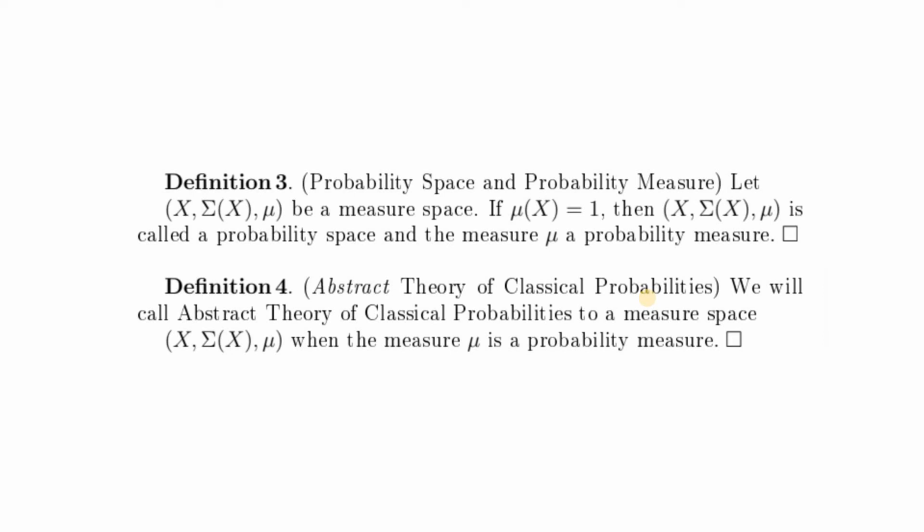In physics, the basic space that takes the role of our X here is usually phase space. That's the set, which is usually a differentiable manifold, and therefore it has a topology, and therefore it has Borel measurable sets.